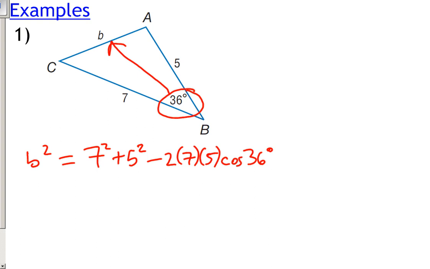Now at this point, you should be able to just plug everything into your calculator at once, and you get b squared, not just b, b squared is, keep it on your calculator, 17 point, and then a lot of other decimals. And then obviously square root both sides. So square root, second answer on your calculator, you get b is approximately 4.17, and then whatever unit this is. Okay, so pretty easy to start with. Just plug it into your calculator.